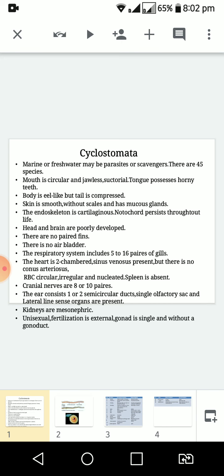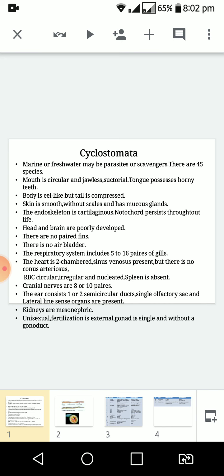The spleen is totally absent. There are 8 to 10 pairs of cranial nerves. The ear consists of one or two semicircular ducts, and there is a single olfactory sac. That is also an important feature.